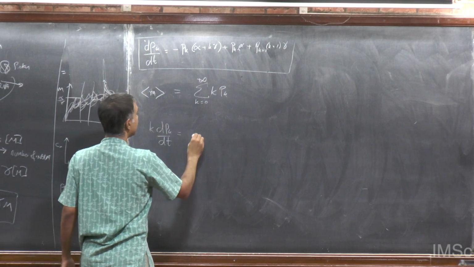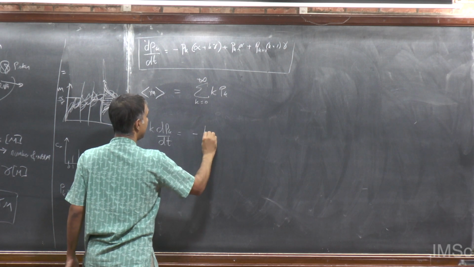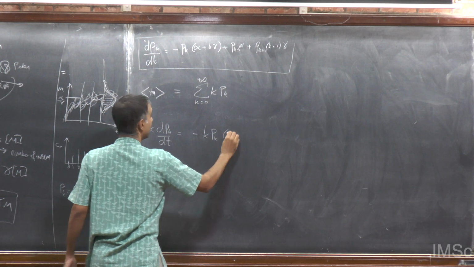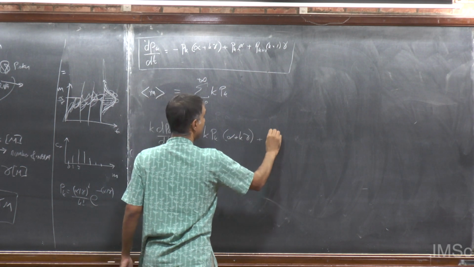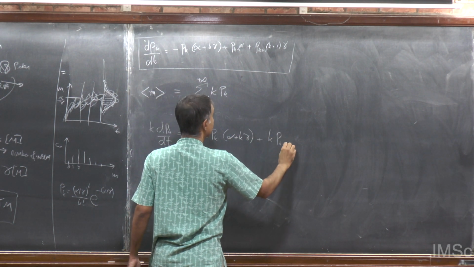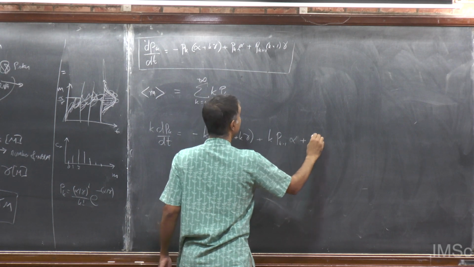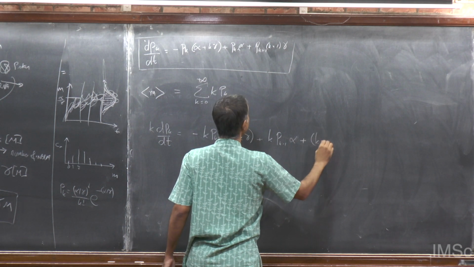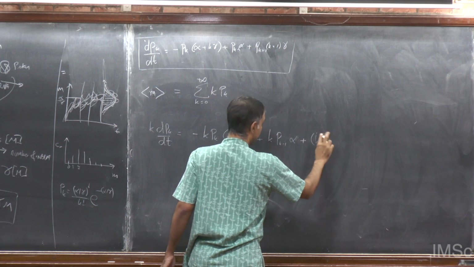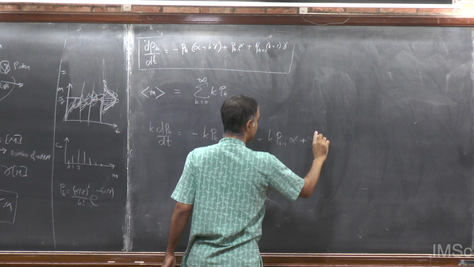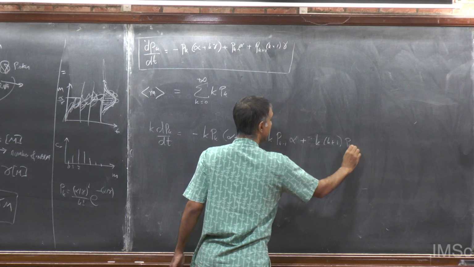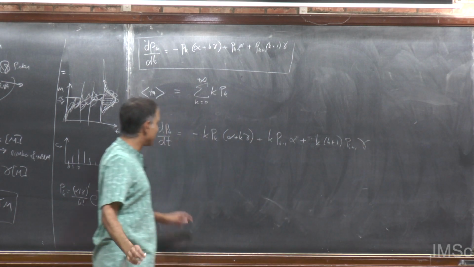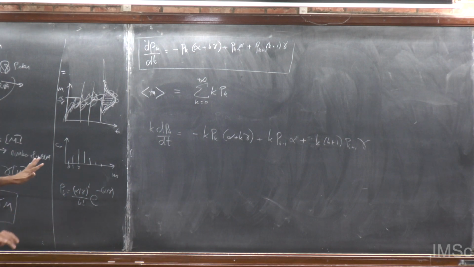On the right side, I'm going to get minus k p_k alpha plus k gamma, plus k p_(k minus 1) alpha, plus k times (k plus 1) p_(k plus 1) gamma. Did I do this correctly? Even at this stage I can mess up this calculation.